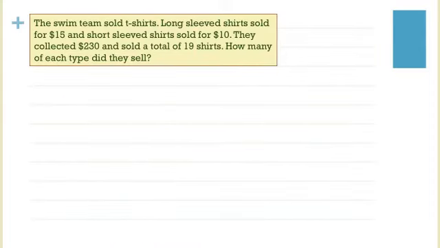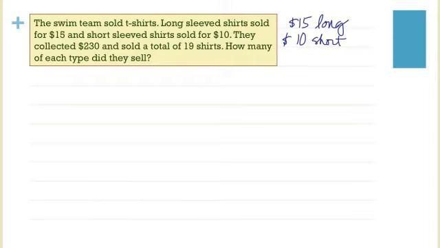The swim team sold some t-shirts. They sold long sleeve shirts for $15. As I'm reading this, I'm just pulling out what I think is important. So I have $15 for long sleeved, and I have $10 for short sleeved.